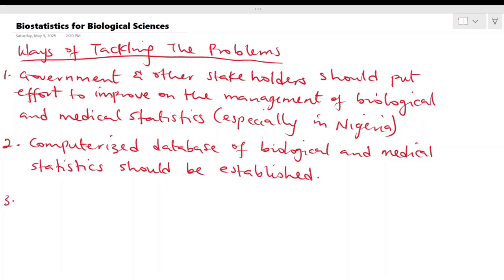Another way of tackling this problem is that there is need to monitor the management of databases to ensure production of reliable statistics on this critical sector.